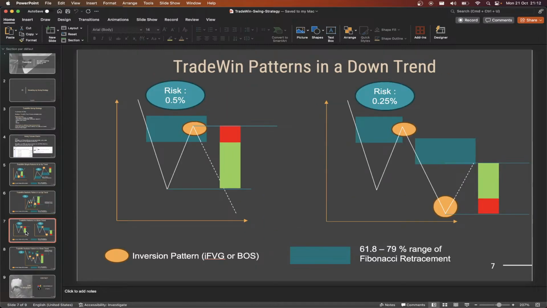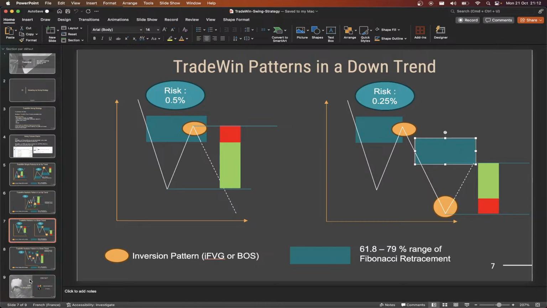shorts. So when the trend is down, I'm waiting for price to go back up into the Fibonacci range. Okay, and then I short it to the previous low. Same thing here when I want to be long in a downtrend. I only risk 25 basis points, and I'm targeting the Fibonacci range.